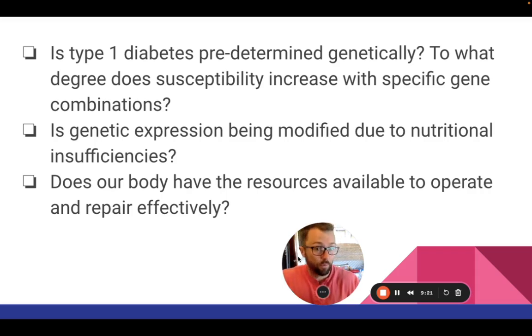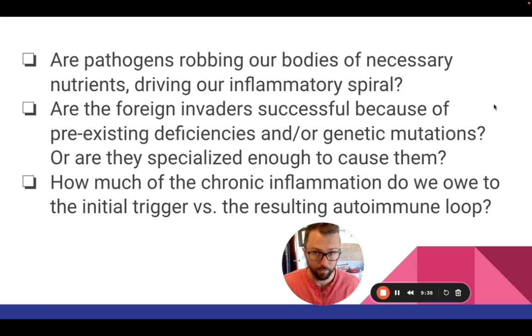So that would make you believe, oh, maybe genes aren't super important. Maybe it's more nutritional, right? But does our body have the resources available to operate and repair effectively? Which one's more important? And then when you start to think about pathogens, you introduce viruses, bacteria, and parasites.